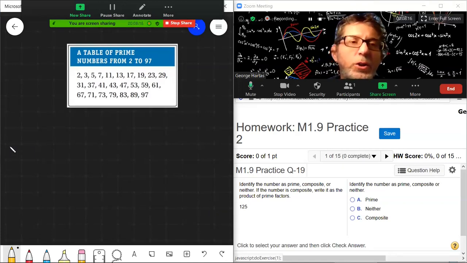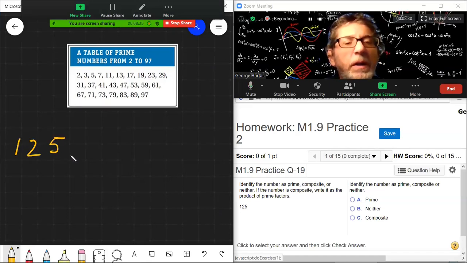And here is where the divisibility rules come into play. They're really helpful, and here's another example of where knowing the divisibility rules is going to make things easy. So we have 125. Now, we could look at the number 2 using divisibility rules and ask if 2 goes into this.